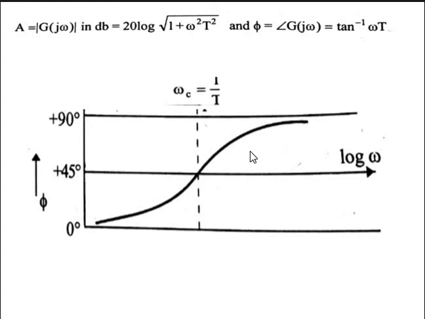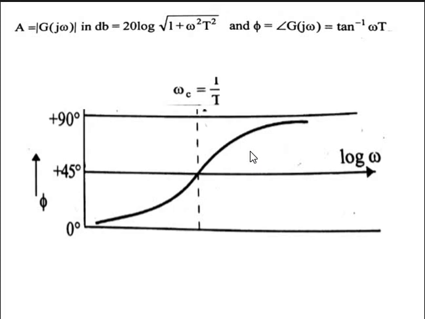So these are the magnitude and phase plots for simple poles and simple zeros. If you know these three factors, we can simply draw the Bode plot for a given function. The first factor is the constant K; if the given function has the constant K, the magnitude and phase plots are drawn.